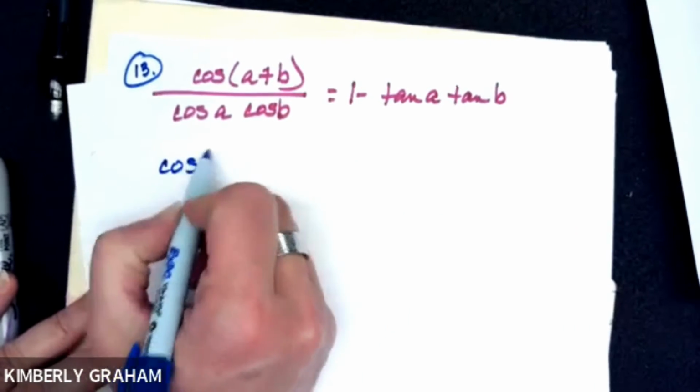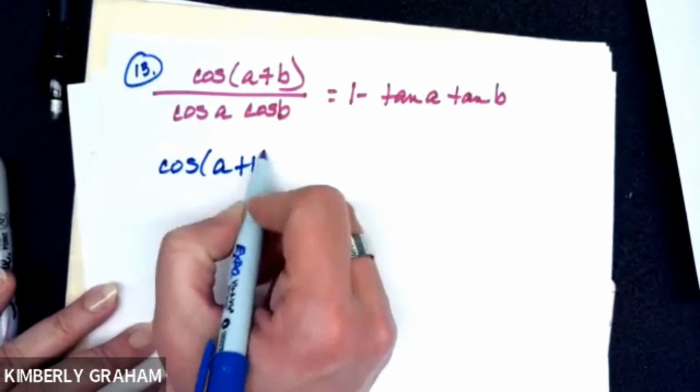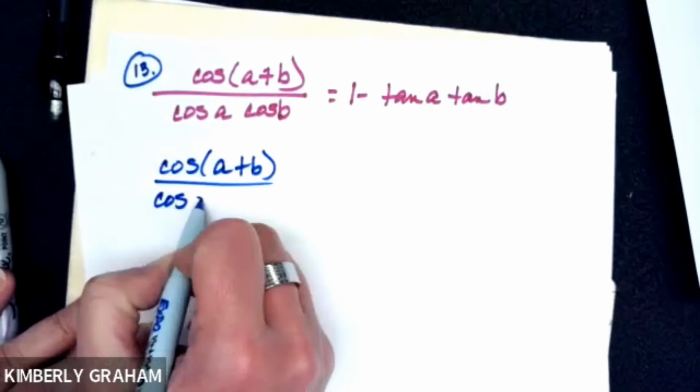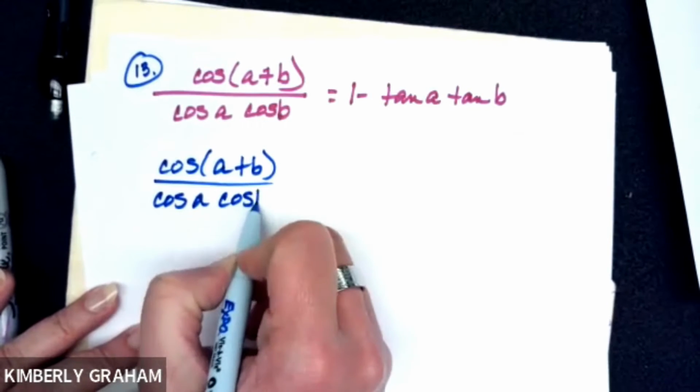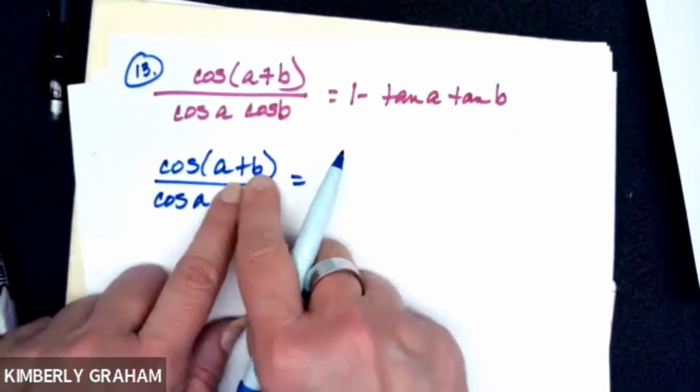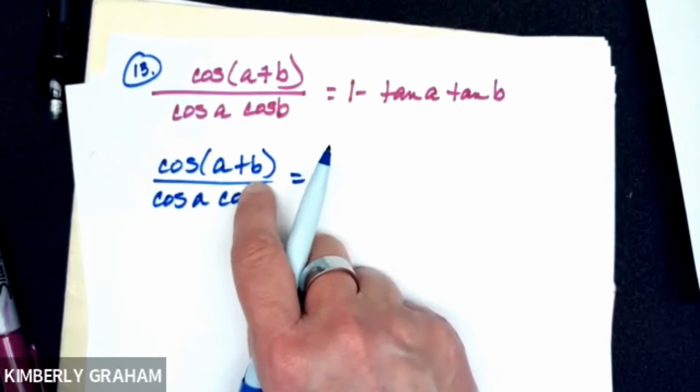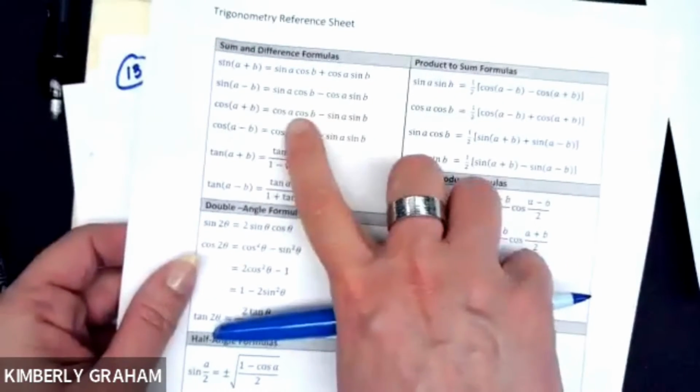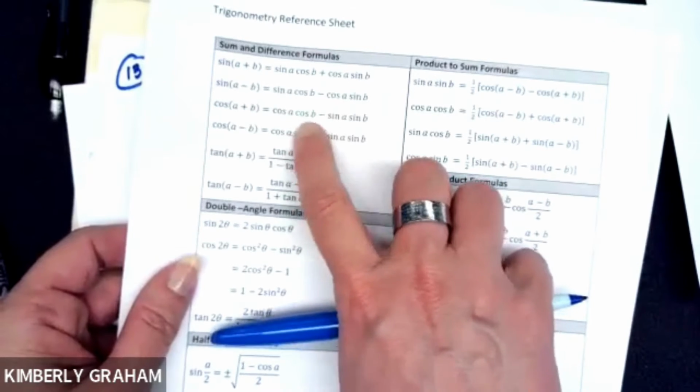So I've got cosine A plus B over cosine A, cosine B, all right? So I need to take this and rewrite it using this formula here.